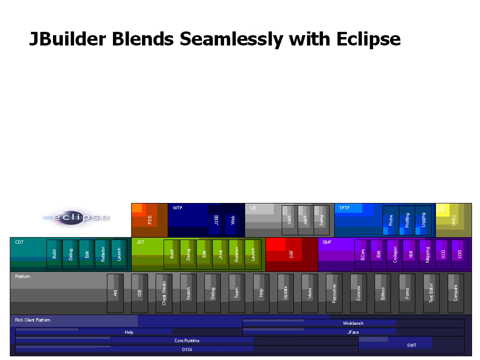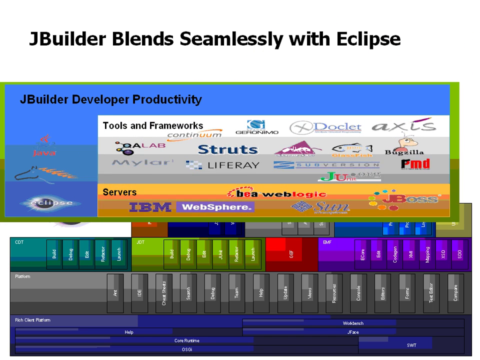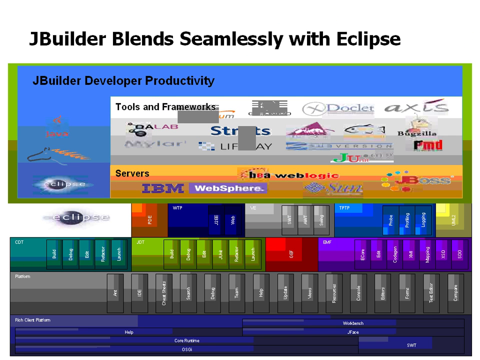So in building JBuilder, we started with this very rich Eclipse core comprised of many separate individual open source projects, all under the Eclipse banner. And we added on top of that integrations and our own functionality around the great productivity tools that we've built into this release.